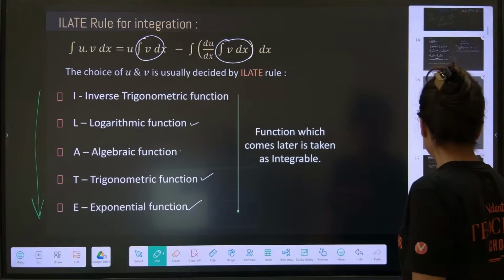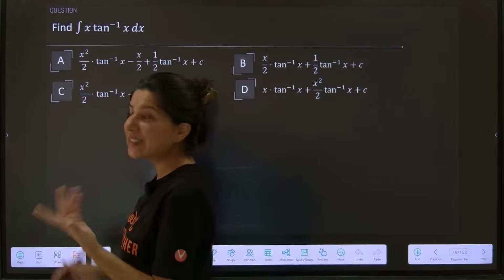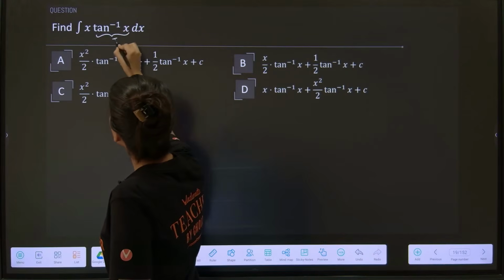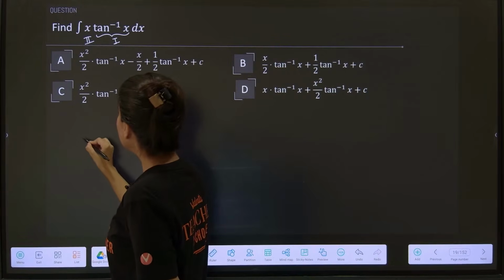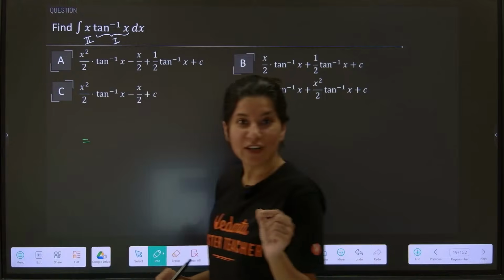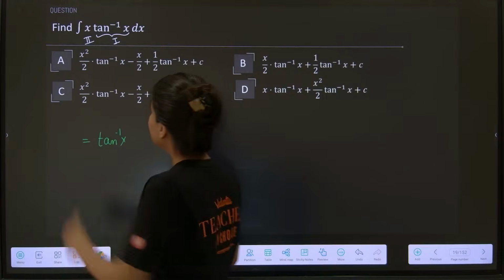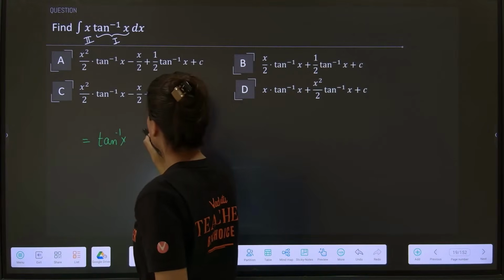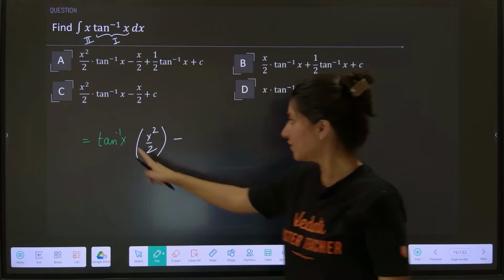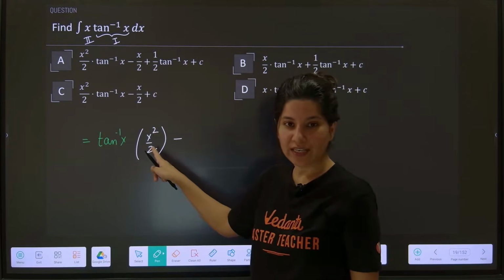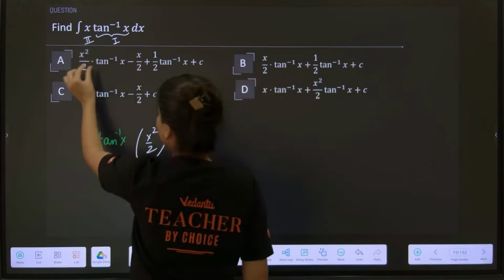All right, so let's do one question. Let's do this: x tan inverse x. Obviously the first function will be the inverse and the second will be x. Now what is the formula, ma'am? The formula will be first function constant, integration of second, minus integral of derivative of first function.